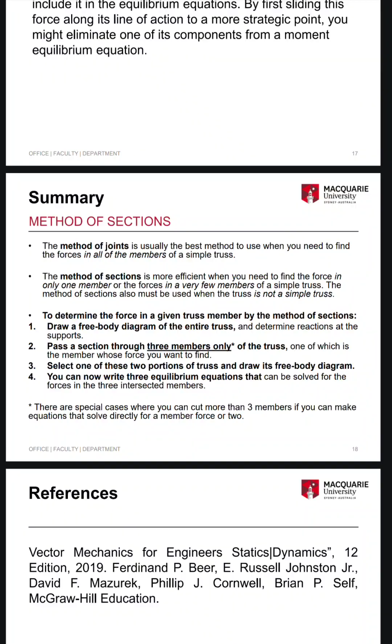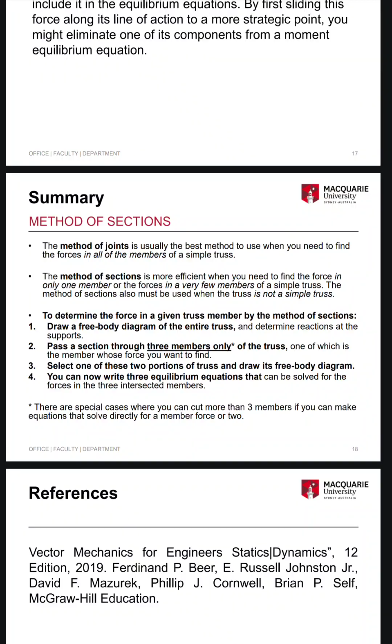To determine the forces in a given truss member by the method of sections, draw a free body diagram of the entire truss and determine reactions at the supports. Pass a section through 3 members only of the truss, one of which is the member whose force you want to find.